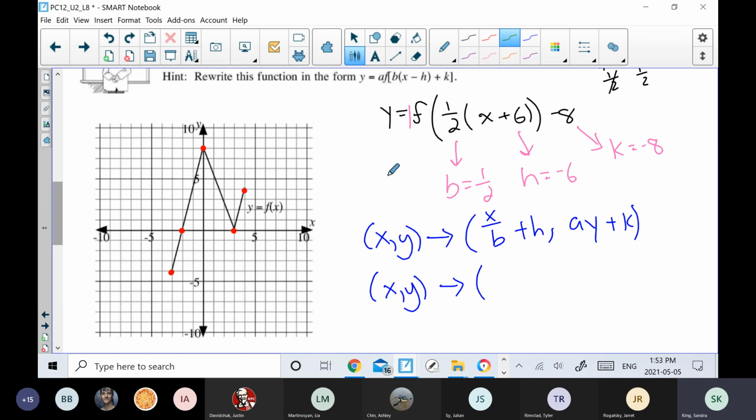Remember that if B is 1/2, the stretch factor is 2. So you could divide by 1/2, which is the same thing as multiplying your x by 2. So that would actually be 2x plus your H parameter. H is -6. A times y, there is no A, so it's just going to be y plus K, so plus -8. That's your mapping.